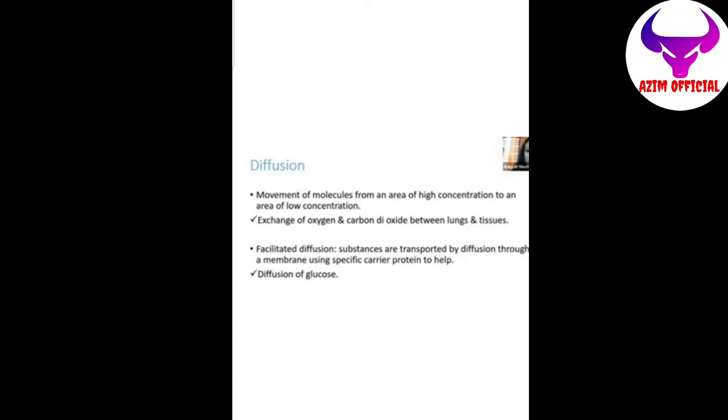Okay. You are getting diffusion from a higher concentration to a lower concentration. If you have a higher concentration of lipid soluble substance outside the cell and a lower concentration inside the cell, then it can easily diffuse in. That is the relation between diffusion and lipid soluble substances. In facilitated diffusion, substances are transported by diffusion through a membrane using a specific carrier protein to help.